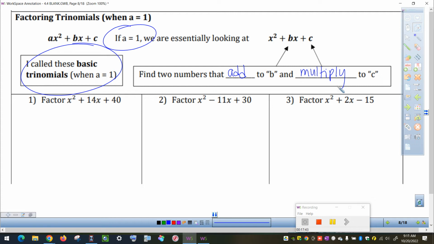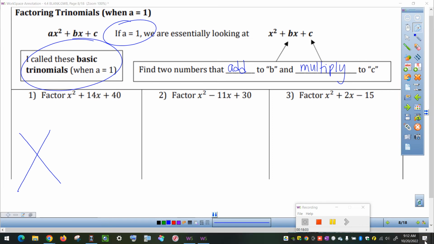So let's try this. Here we have x squared plus 14x plus 40. One thing that I like to do to organize my thinking is draw an x diagram. For this one, I'm always going to put the number that it multiplies to on the top.